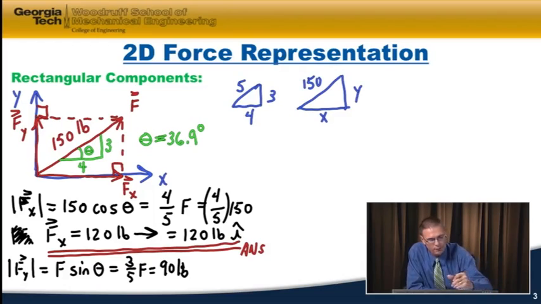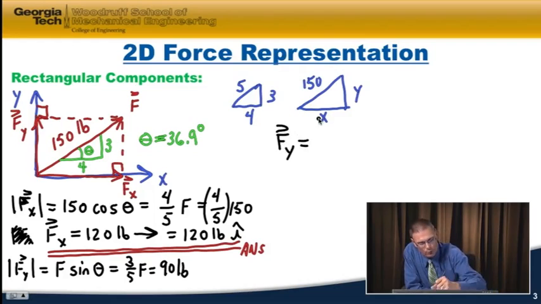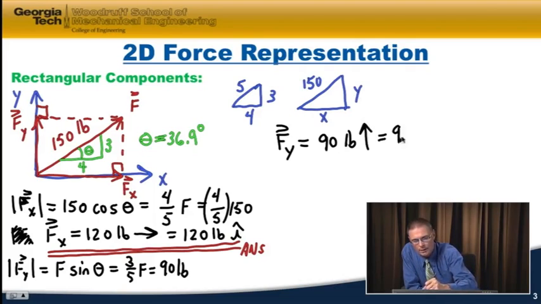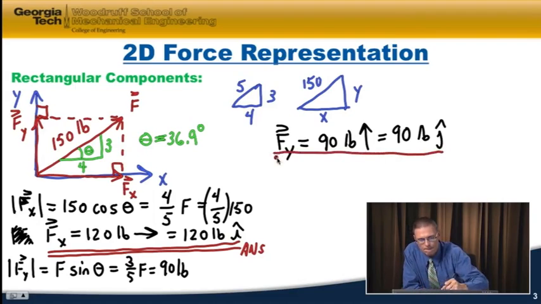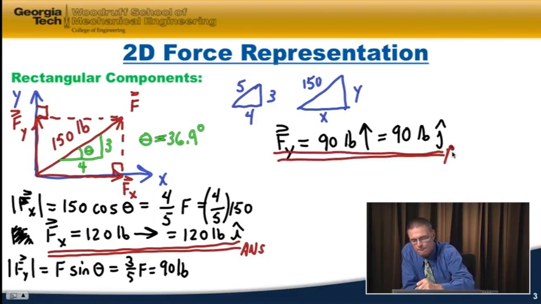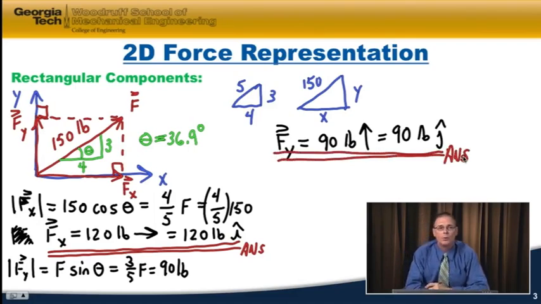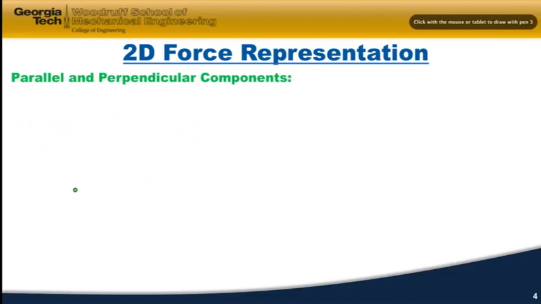And so if I wanted to write the final answer for F sub y, it would be a magnitude of 90 pounds, and it would be up, or I could write 90 pounds in the j direction. That's how we find rectangular components in the Cartesian coordinate system.